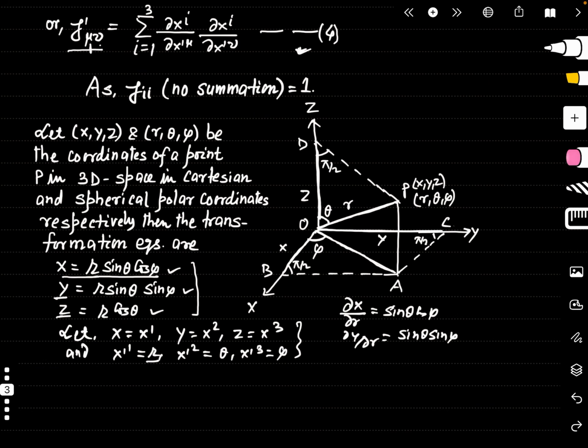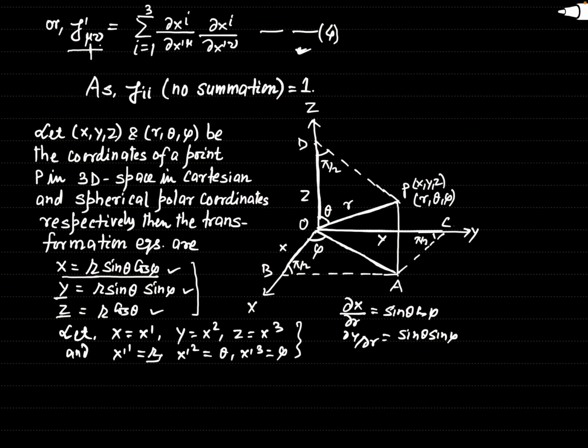Now see here. Now we want to find g prime 1 2. It means you will take mu equal to 1 and nu equal to 2. At the place of mu we will always write 1, at the place of nu we will always write 2, and again the summation will run for i from 1 to 3.